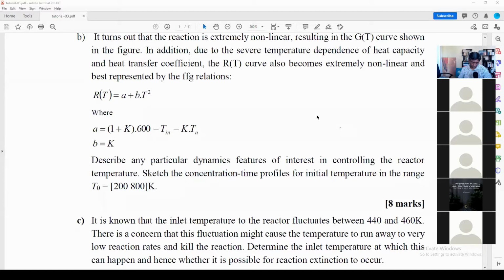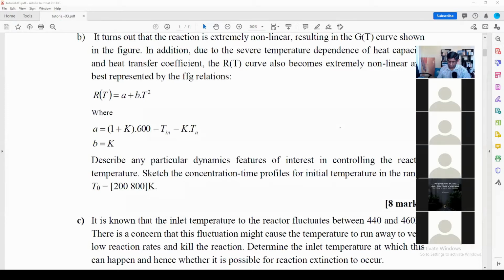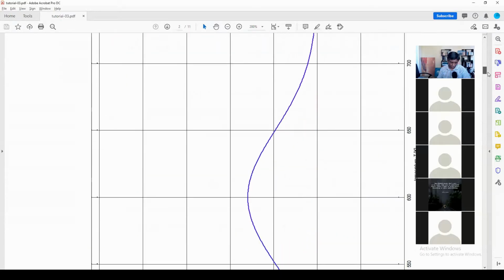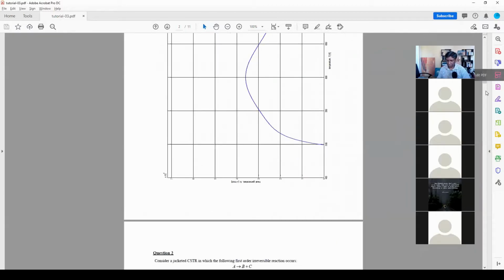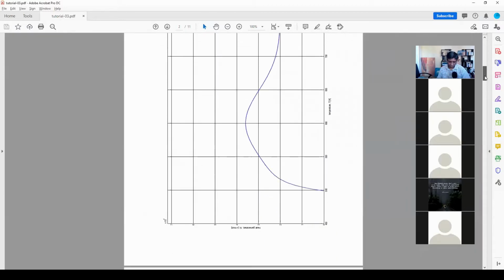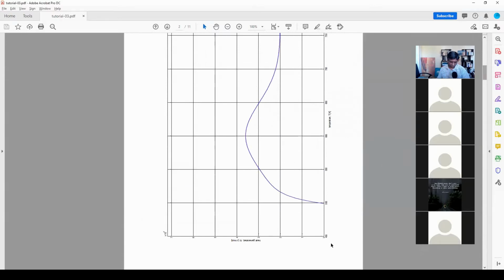Okay, anyway, so we've got some temperature. We want to sketch out temperature versus time. And let's have a look then at the graph that's given to us. So here's the graph, and let's try and import that into the picture that we are working on.